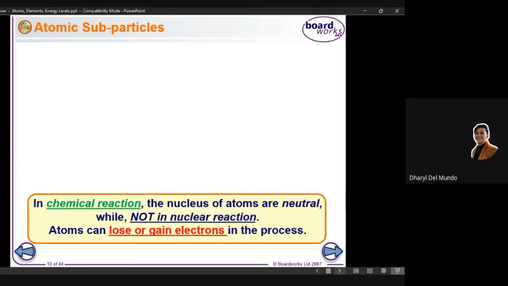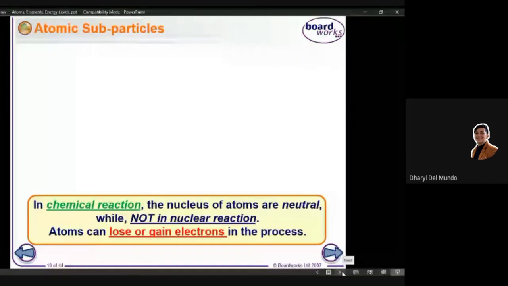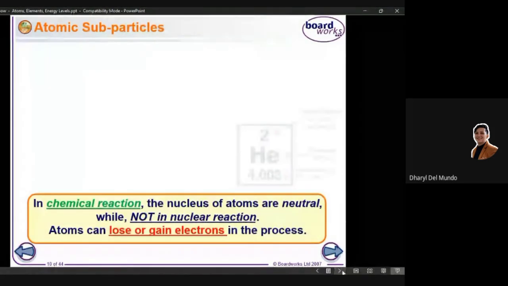So atoms can lose or gain electrons in the process. Do not forget that since electrons are the moving part, they tend to transfer from one atom to another. That's why an atom can gain or lose electrons. Okay, you will know how these electrons behave from time to time.